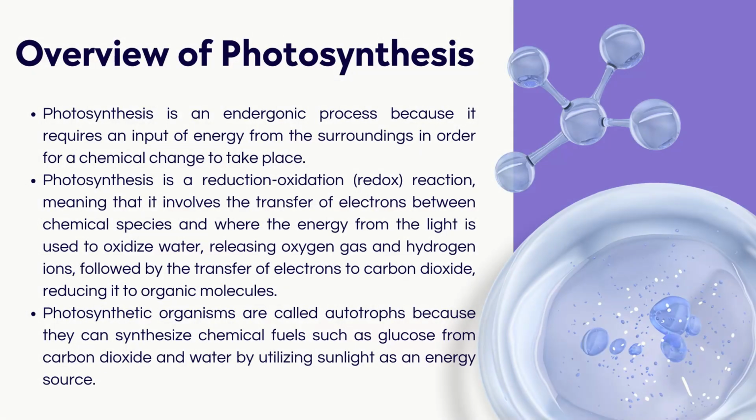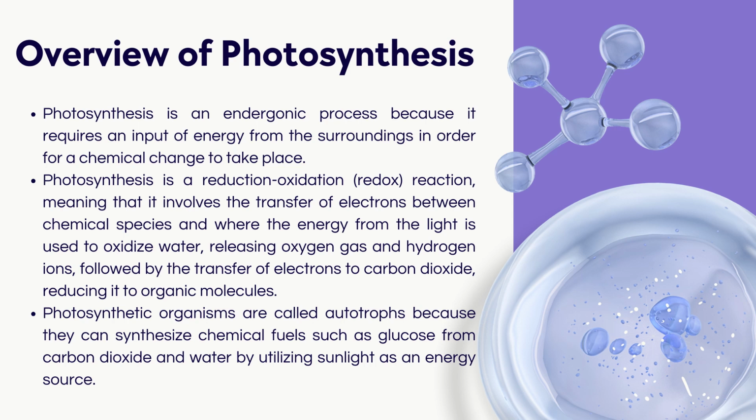Moreover, here are other facts about photosynthesis. First, photosynthesis is an endergonic process because it requires an input of energy from the surroundings in order for a chemical change to take place. Second, photosynthesis is a reduction-oxidation, or redox, reaction, meaning that it involves the transfer of electrons between chemical species.